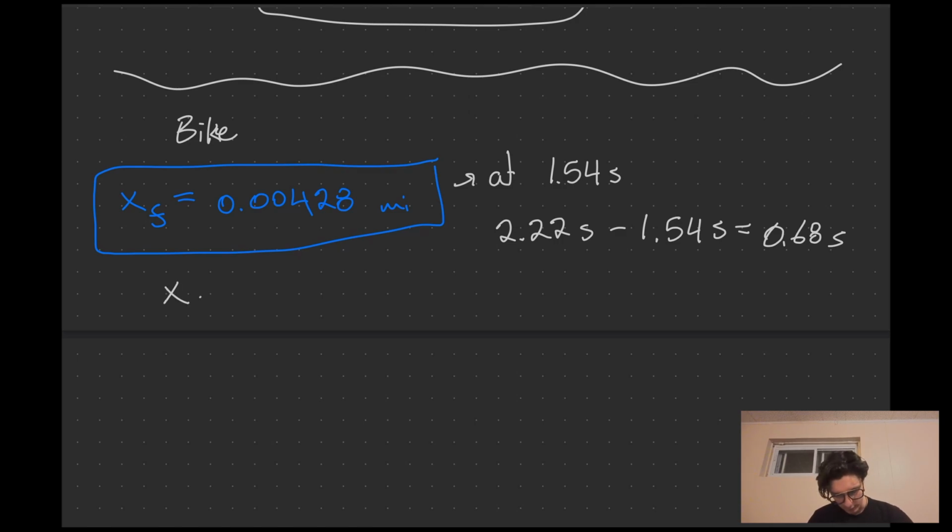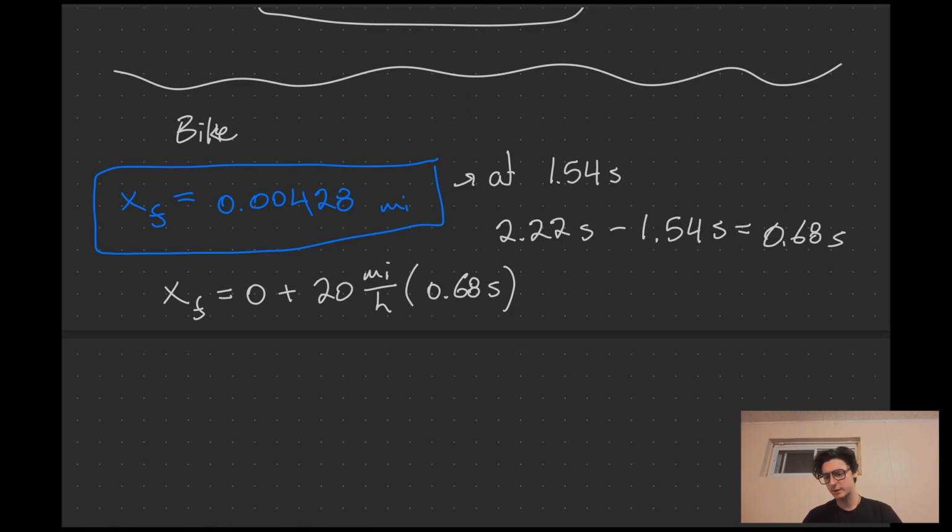So the position that the bike will reach at this time, if we say its initial position after it reaches constant velocity is 0, we will put its constant velocity, which is 20 miles per hour, times this 0.68 seconds that has passed. So what we have here is 20 times 0.68.